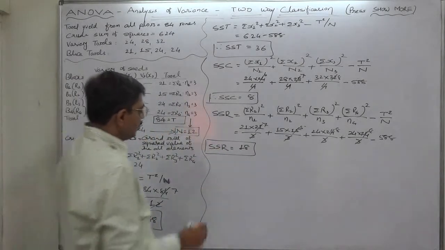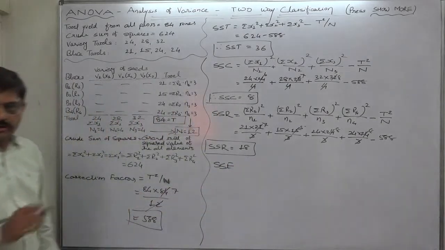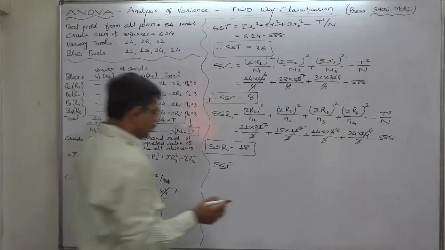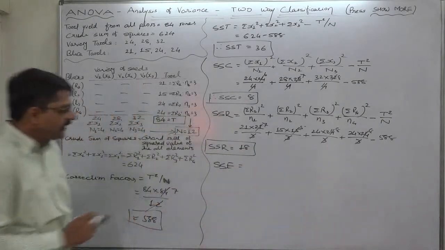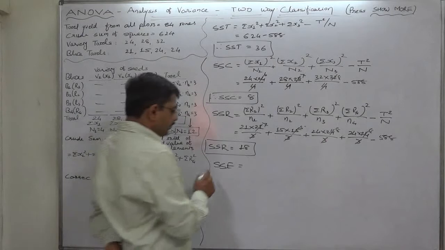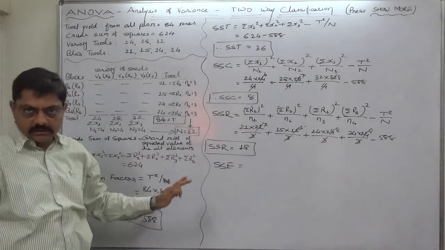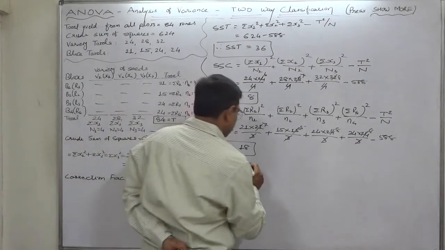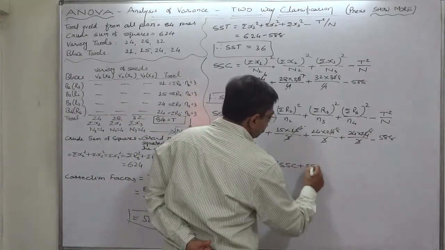And now the last thing, SSE, sum of squares for errors or sum of squares for residuals. The biggest shortcut is calculation of SSE. In our method, all these are actually shortcuts: SST minus summation of SSC and SSR.